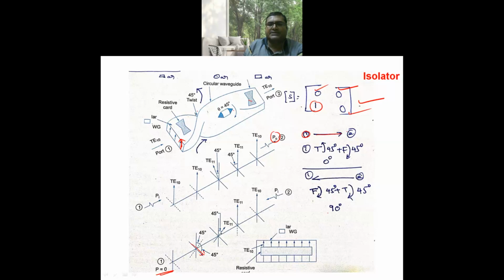The total phase shift is 90 degrees. Now the polarization of the electromagnetic wave is parallel to the plane of resistive card. So the second resistive card, which is kept inside the rectangular waveguide of port 1, completely blocks the electromagnetic wave.